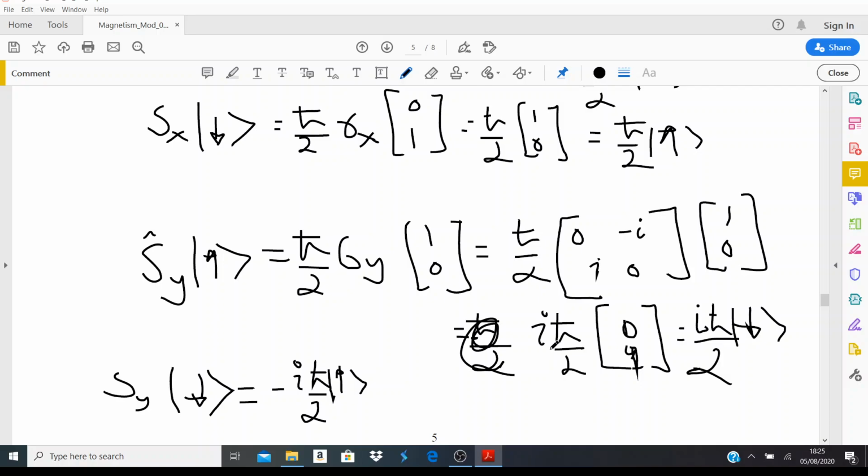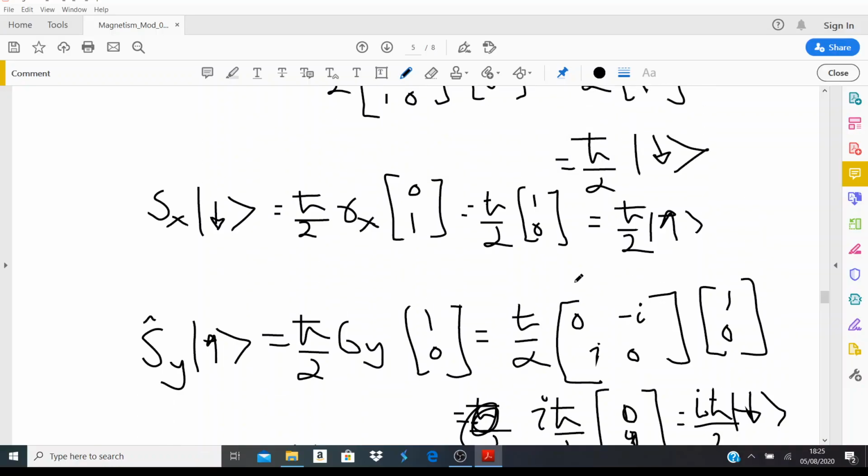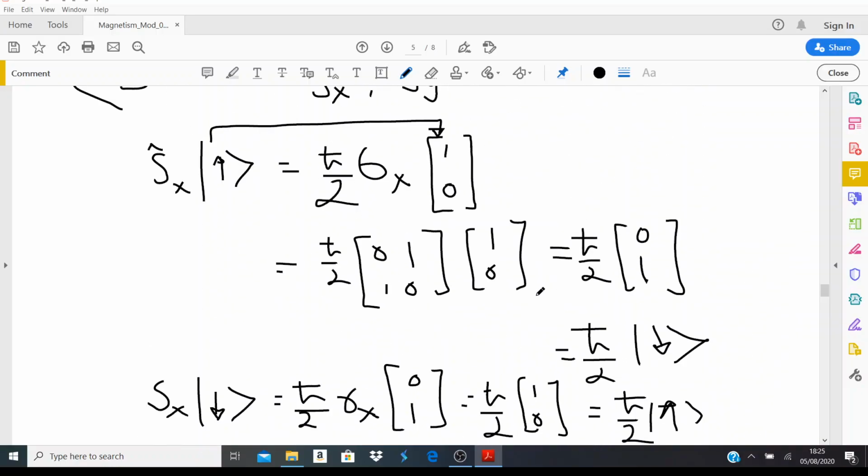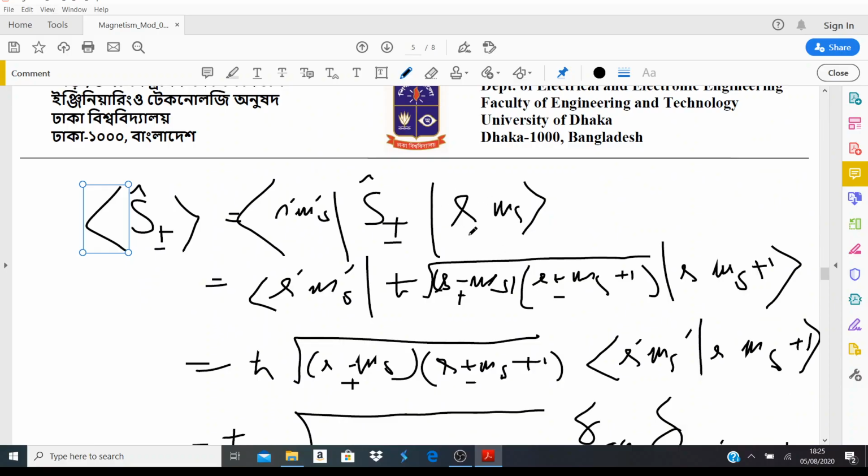And I think this ends the discussion of spin angular momentum of a single electron. Please try to remember one important thing. Sometimes students confuse themselves, because I told you that for a single electron, S is always half, right? The quantum number S is always half, and ms could be plus half or minus half. That's for a single electron.